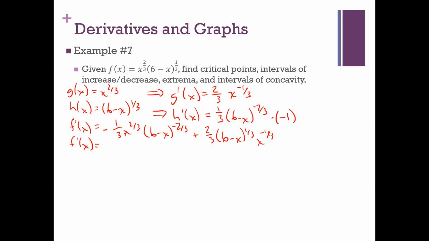So for this first term, that's going to be x to the 2/3 over 3 times 6 minus x to the 2/3, plus 2 times 6 minus x to the 1/3 over x to the 1/3. I dropped a 3.